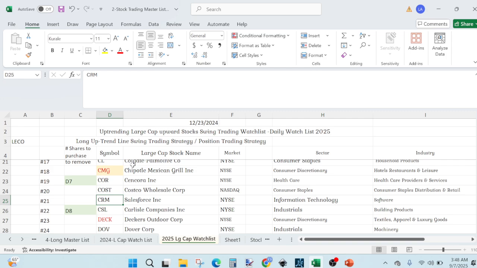That way at the end of the year you can take them out of your list and put some others in your list again. So you'll have a master list of more stocks, and you'll have a shorter list that will be the stocks that you will analyze every day.